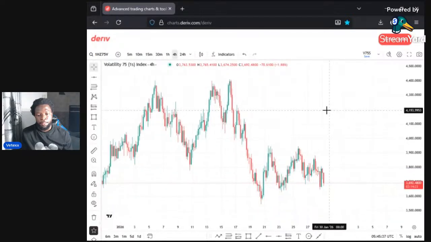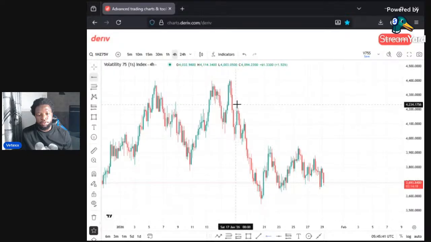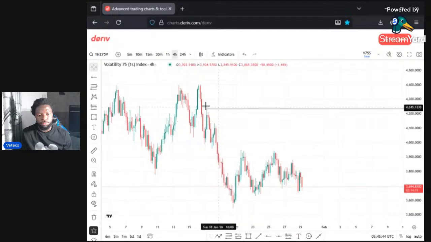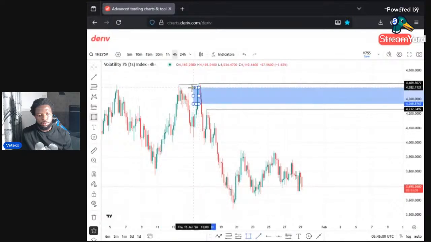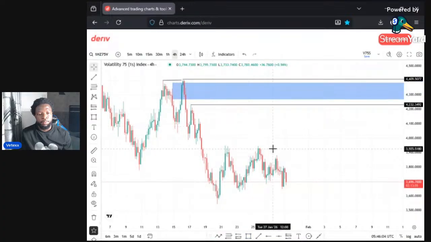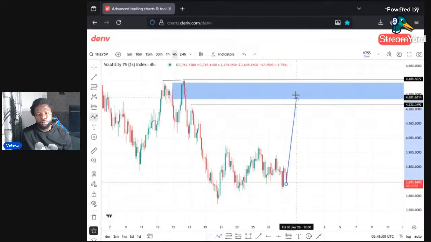We have this, we have this here, we have this here, and then we're anticipating price to come to this zone and then start selling to the opposite direction.